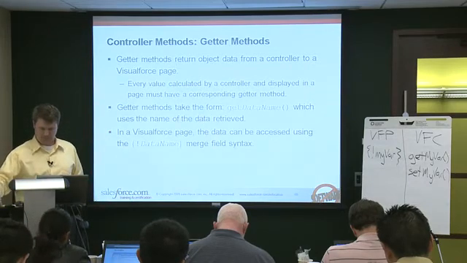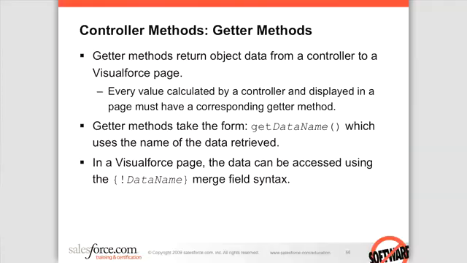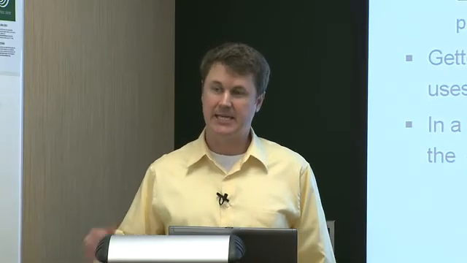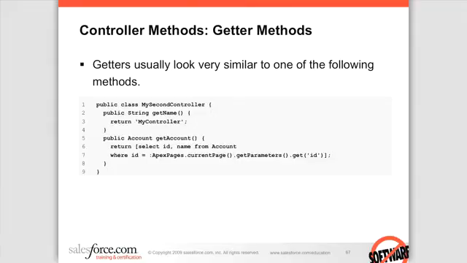Let me jump back here. In this case, we have a reference within our Visualforce page for a variable called dataName. In order to access whatever the value of dataName is, we would have a getDataName function defined within our controller. Here's some sample code.